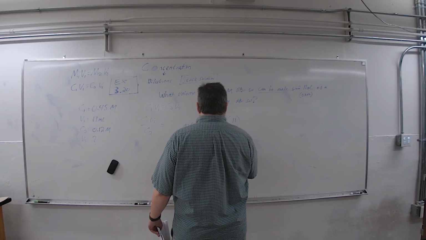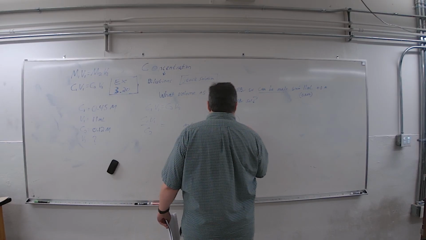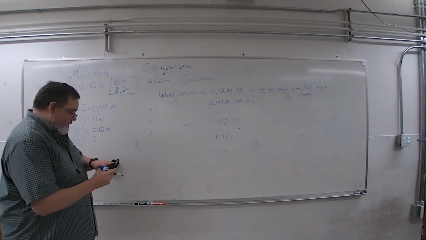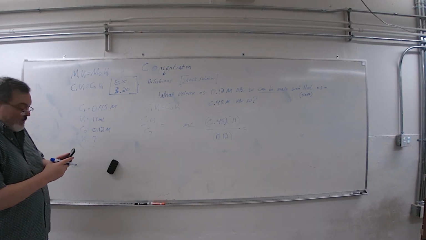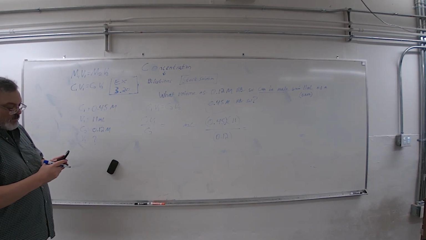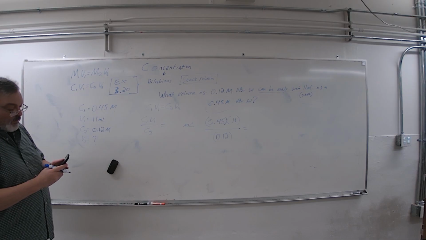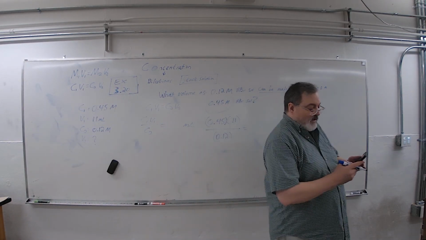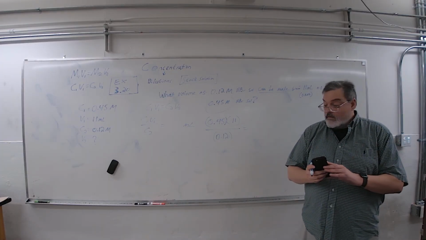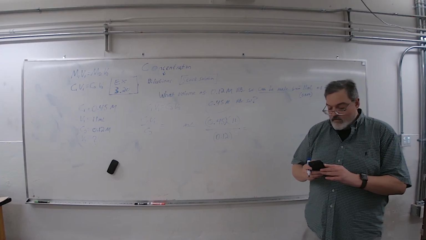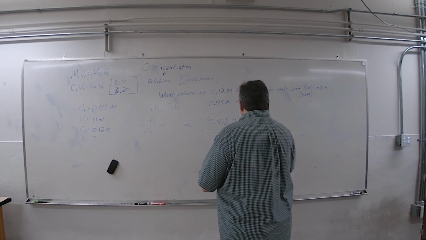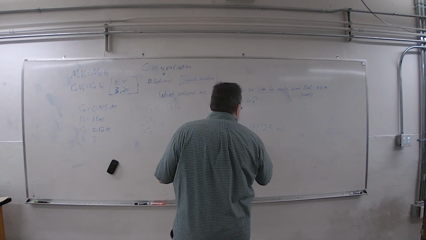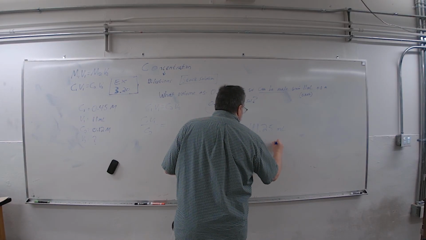C2, 2 significant figures. 0.45 times 11 divided by 0.12. But I'm going to round that to 41.3 milliliters.